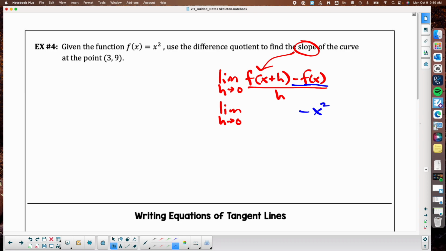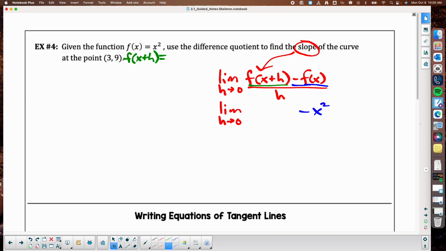Because f of x is x squared, minus f of x, I just subtract the equation I was given. F of x plus h is traditionally most of the work. You can write it directly in the problem if you want, or write it elsewhere and then substitute it in. It's up to you how you like to organize your work. I'm just going to write it right up here.